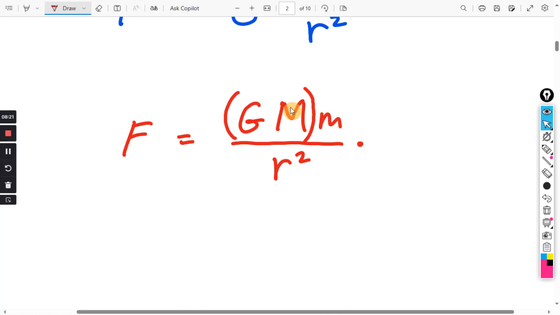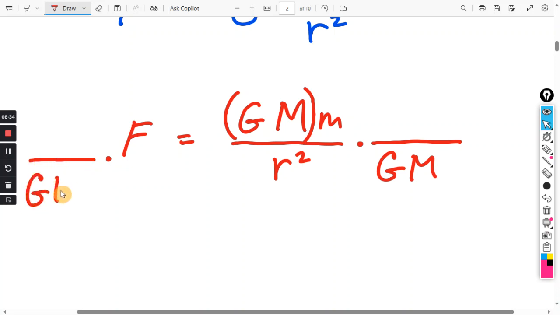The opposite of times GM is divided by GM. All right, so we're going to do that to both sides of the equal sign. Now, I know it looks like I multiplied, but I put GM in the denominator. We're dividing by GM. I'm going to make a fraction here.